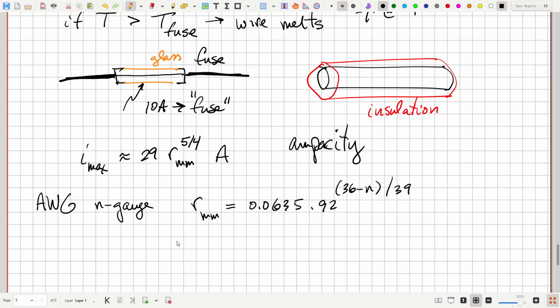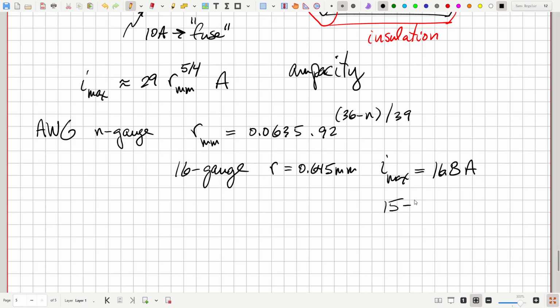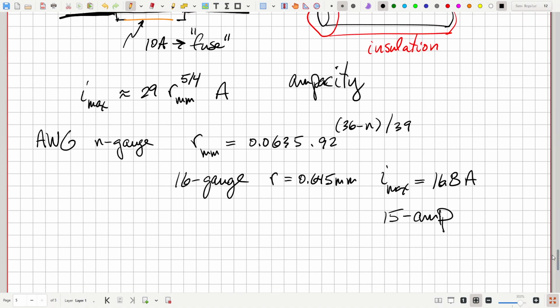So, for example, 16 gauge wire, which would usually be called light duty extension cord wire, has a radius of 0.645 millimeters, and it has an ampacity of 16.8 amps. So you can see that if you use that in a 15 amp circuit, it would be getting pretty close to its ampacity. That's why it would be considered light duty wiring for an extension cord.